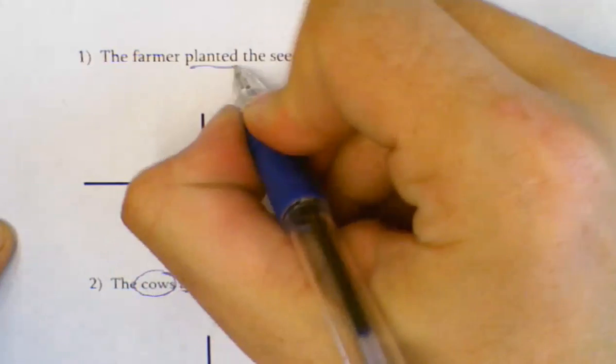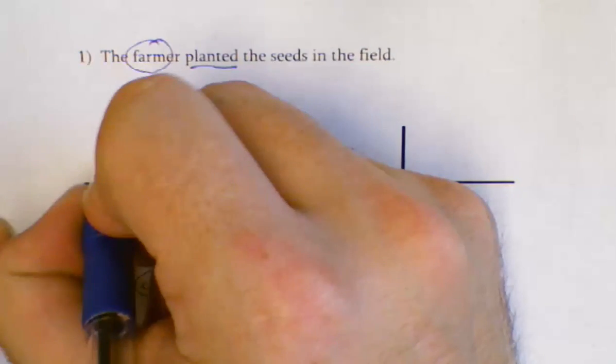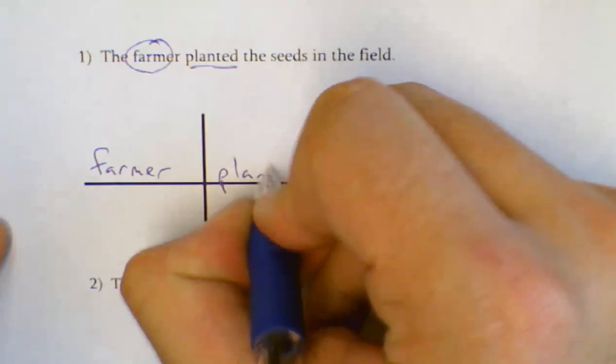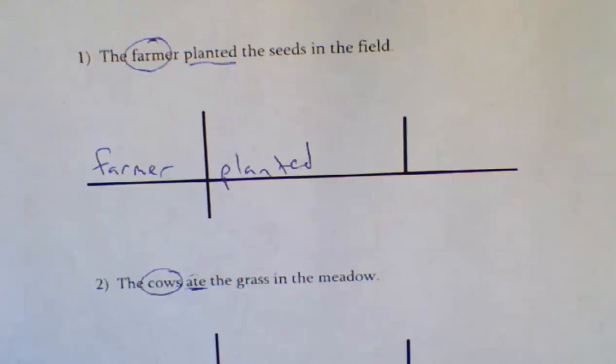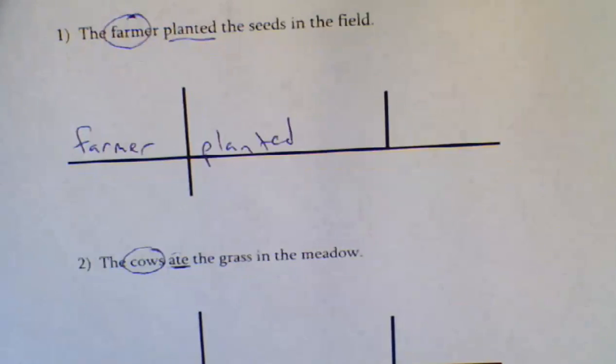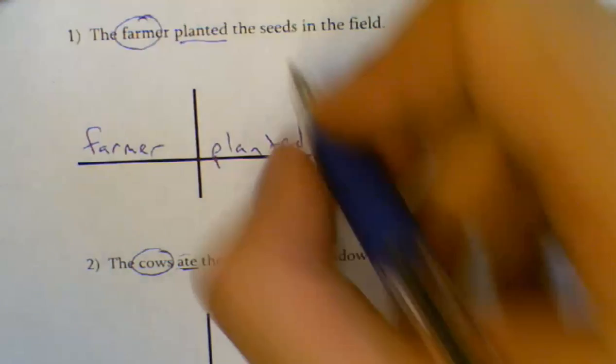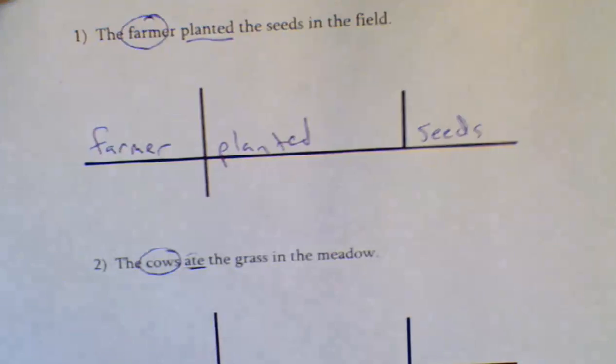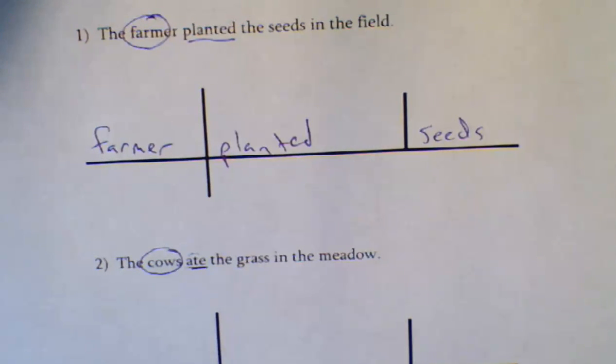So we know planted is a verb. We know farmer is the thing doing the action. So I'm going to write farmer as my subject, planted as my action verb predicate. And what is receiving the action of the planting? Well, the seeds are. Seeds will go as my direct object.